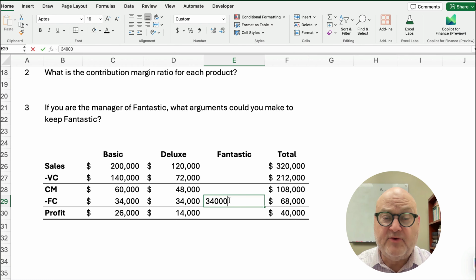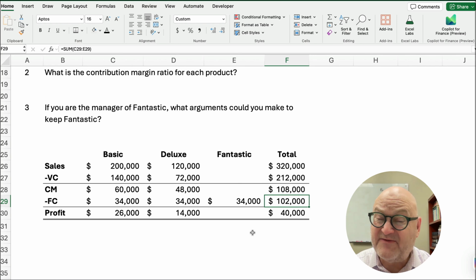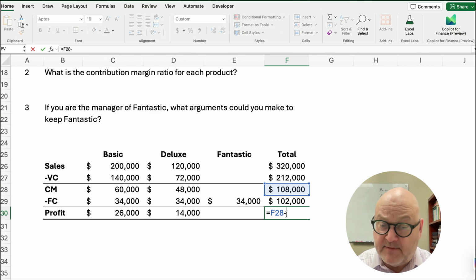We have to assume that fixed cost is fixed cost. So we're going to assume that our total fixed cost is fixed. It's 102 unless we're told otherwise. And so what happens is we'd have 108 minus 102, and we actually only make $6,000. Because we have zero contribution margin minus 34,000.